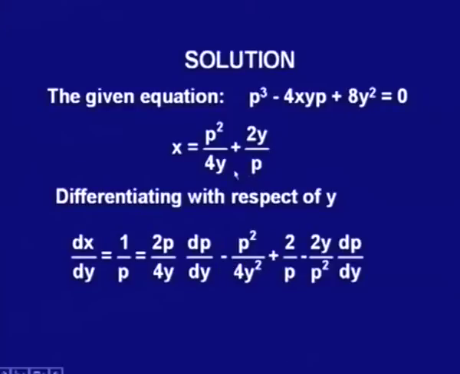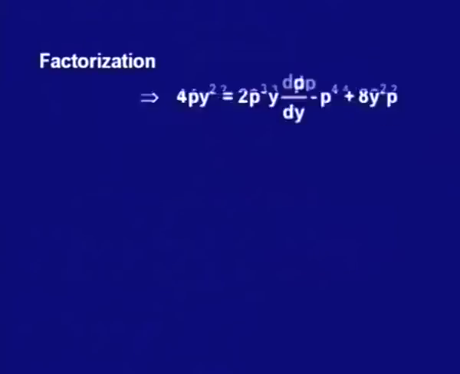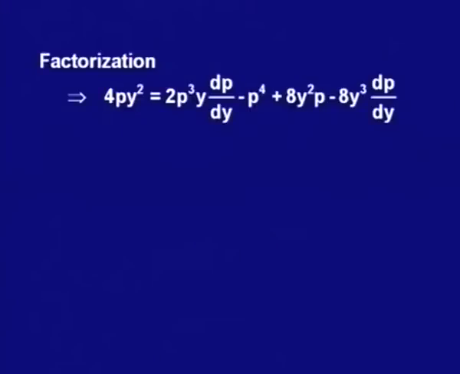Similarly, for the second term, we are getting 2 upon p minus 2y upon p square dp over dy. On simplifying it, we could write it as 4py square is equal to 2p cube dp over dy minus p to the power 4 plus 8y square p minus 8y cube dp over dy. We are simplifying it to get the factors.